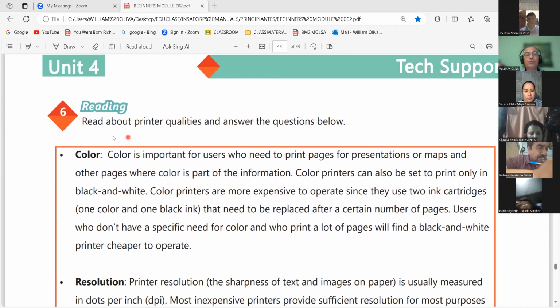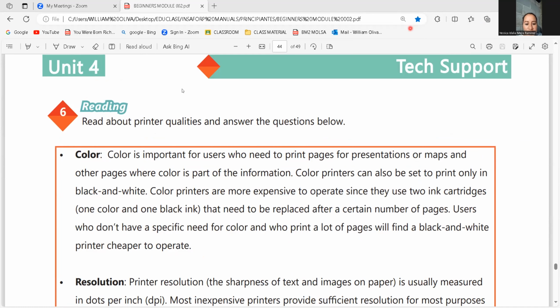Jessica, would you read this paragraph, please, about color? Color is important for users who need to print pages for presentation or maps and other pages where color is part of the information. Color printers can also be set to print only in black and white.